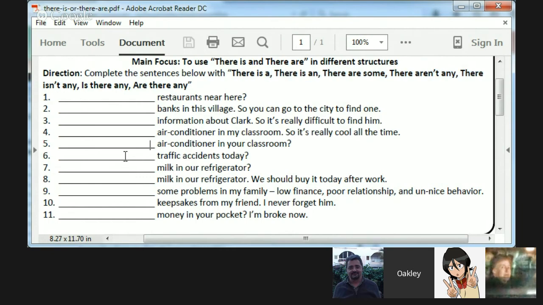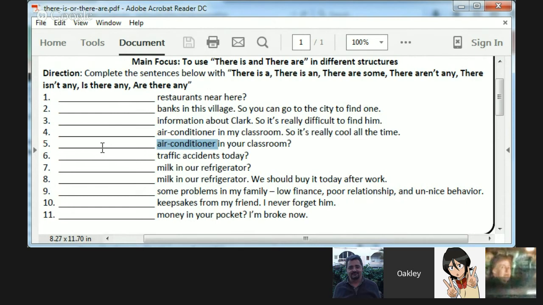We can't use any here. I can say there's no correct option here. I could say, is there an air conditioner? Okay. Is there an air conditioner?